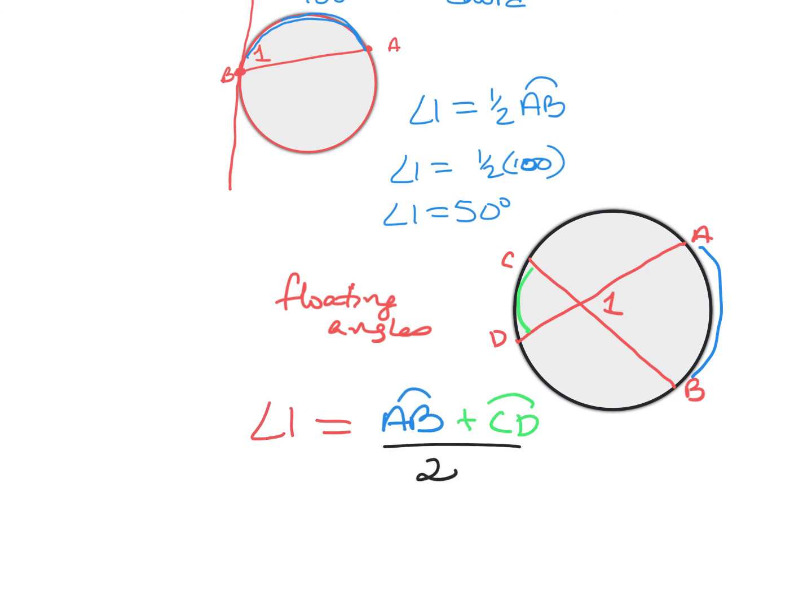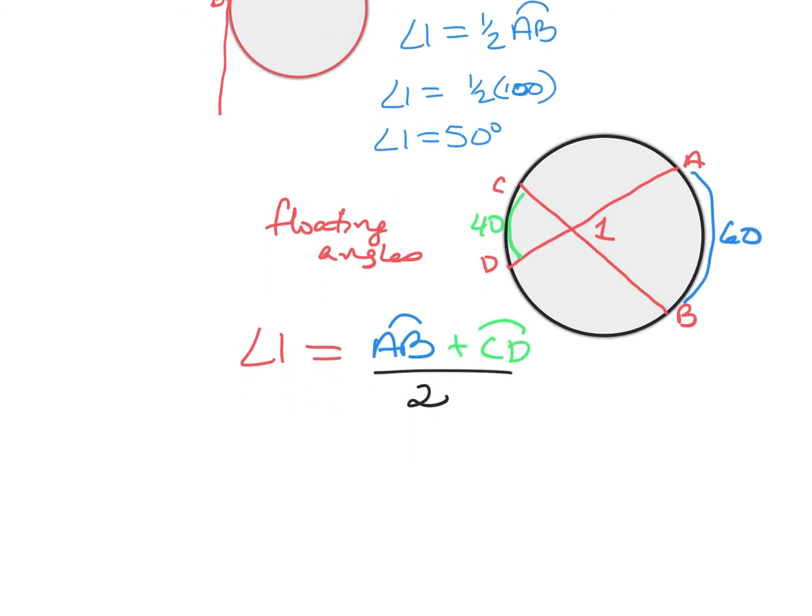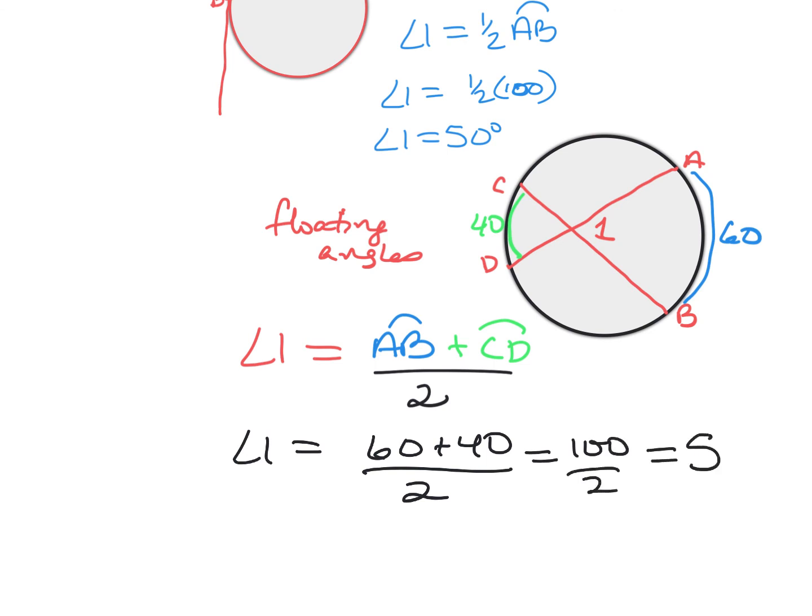So let's say arc AB was 60 and CD was 40. To find the measure of angle 1, I'm going to add 60 plus 40, divide by 2, 100 divided by 2, and angle 1 would be 50.